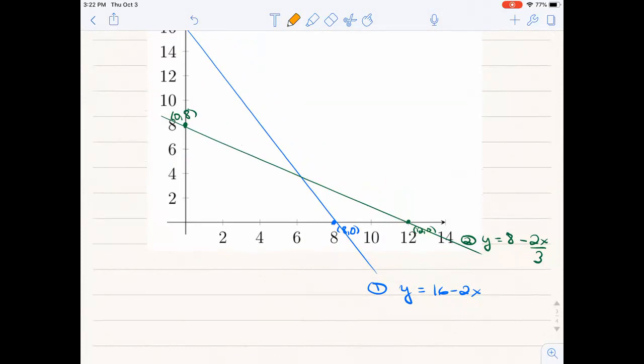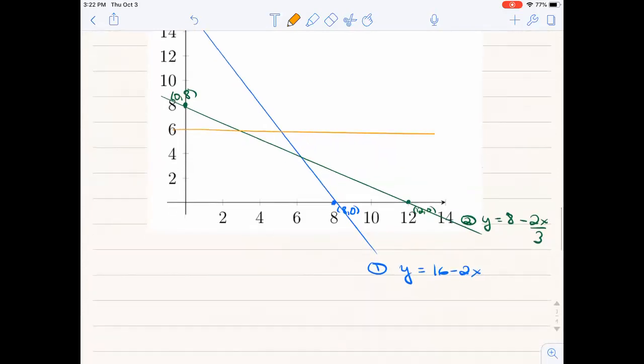I'll try to draw a straight line here, but it might be a little wonky, but it's okay. This is the third line at y equals 6. Okay. That's step 1, done. But it's a lot of the work that's done too, right?